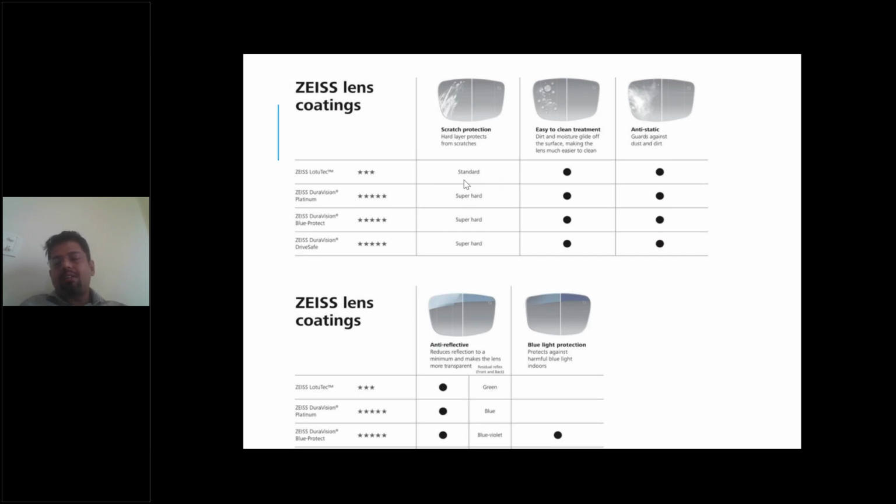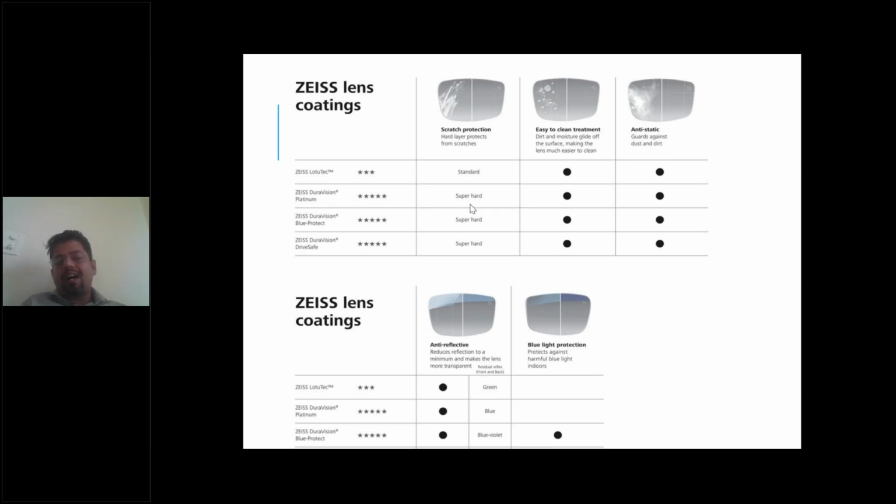So whenever you want the lens to last long, to give complete satisfaction to your customer, it is always advisable to recommend something a little more than the normal ARC lenses. For example, here you see the second line, the DuraVision Platinum.